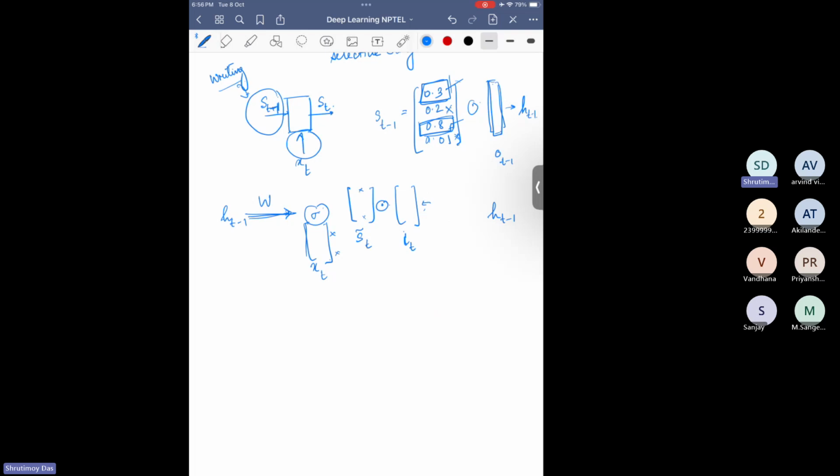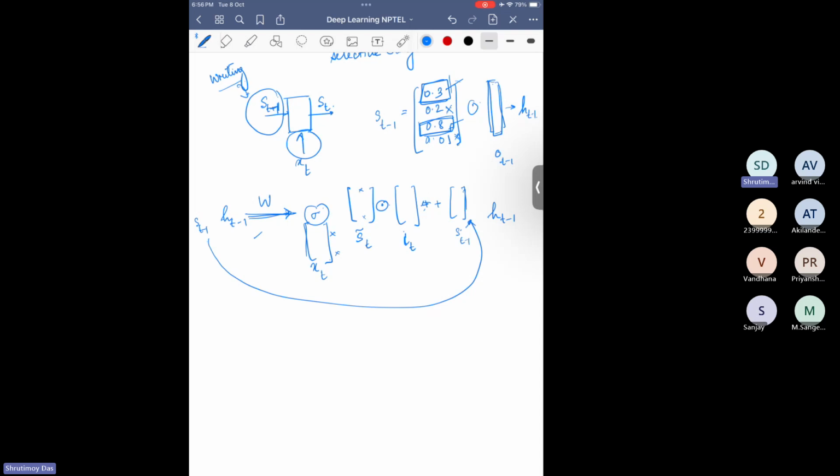So you add this st minus 1 vector that you had here. This is not clear to me, so I think you should go back and look at the lectures. You do one more operation here, and then one more operation here, and then you say okay, I only keep the relevant parts of the data that I have seen till now. So this is your selective writing part.